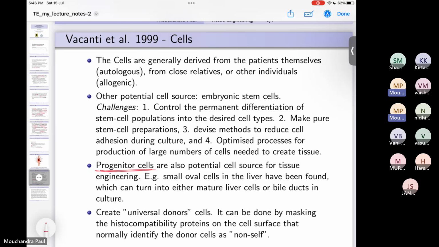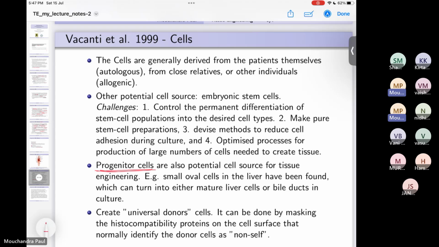And these progenitor cells are actually present in almost all organs, in those organs which can regenerate themselves, like liver. Although liver takes a very long time to regenerate, it can regenerate. And regeneration is only possible if there is a small population of stem cells present. Skin also has stem cells.